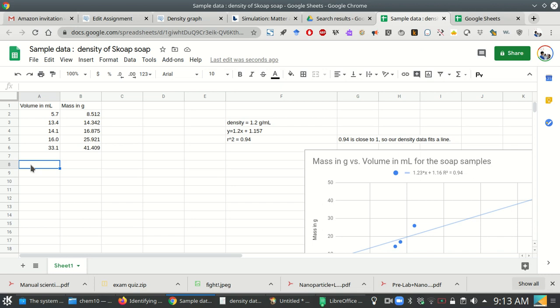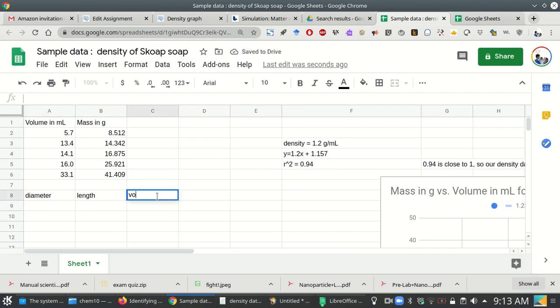So suppose you had the diameter typed in there, and you have the length typed in there, or the height is what I mean by that, right? And I'm going to put volume here also, okay? So if the diameter was, let me make something up, 3.73 centimeters. Notice I do not type centimeters, I just type the number.